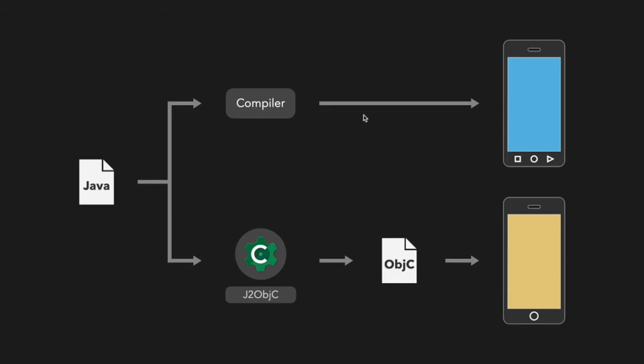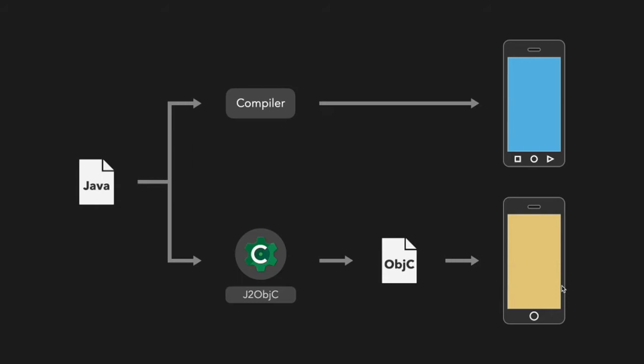Well, Java can be compiled natively to Android, and Objective-C can be compiled natively to iOS. So we can use J2Objective-C to turn our Java code into something that can run on iOS, and if we ever wanted to stop using J2Objective-C, we would be left with Java code that can compile to Android and Objective-C code that can compile to iOS.